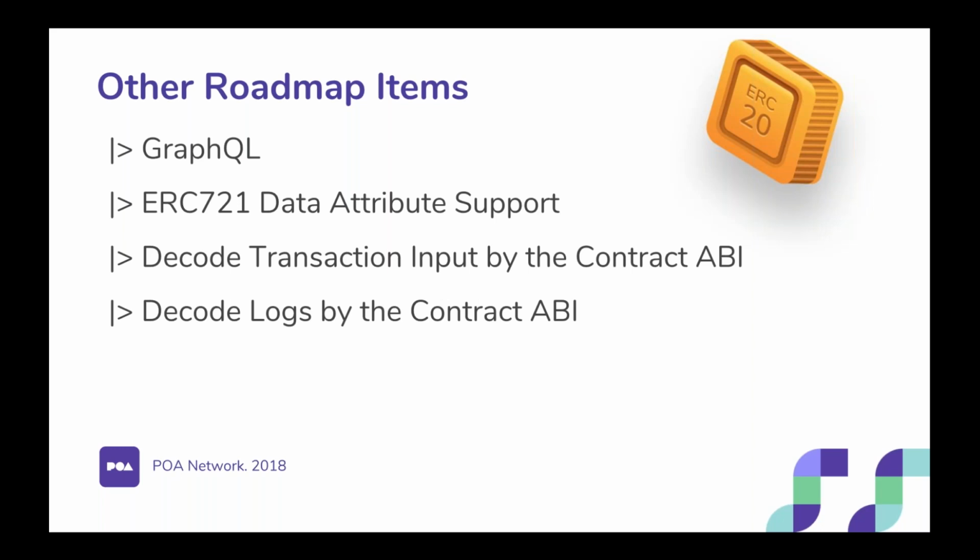POA Network has a set of 5-second block times. So it's faster and cheaper. I think it's 1,000 times cheaper to run a transaction on POA Network than it is to run Ethereum. So the idea here is that you can bridge over to POA Network, run all your core infrastructure and your transactions, and then bridge back to Ethereum network if you want to receive liquidity. And that's our vision of scalability.